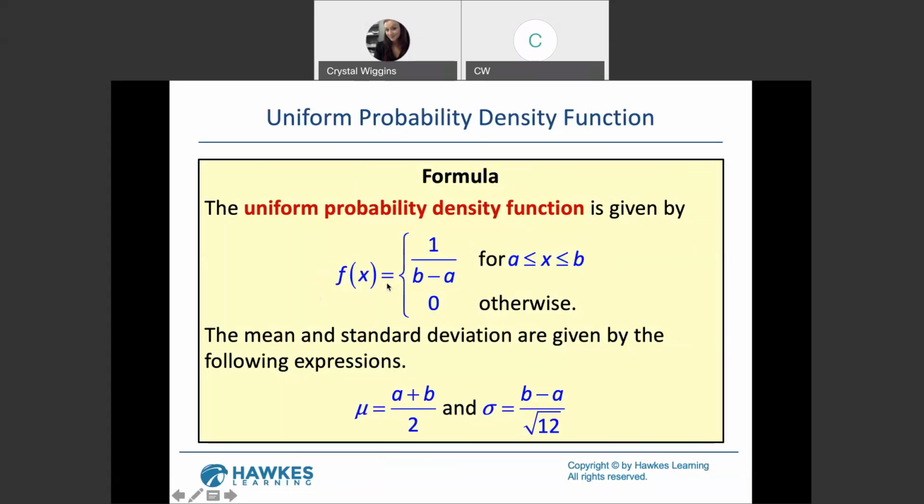It doesn't make sense to consider values outside of the interval a to b when we are working with the uniform probability density function, and that's why they're set to 0, because they will not give us any meaningful data.